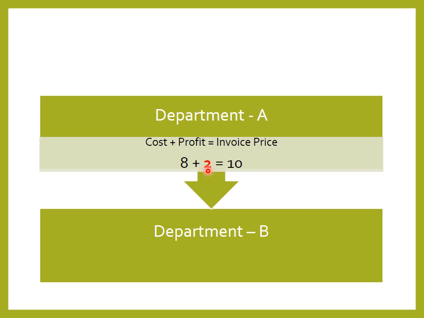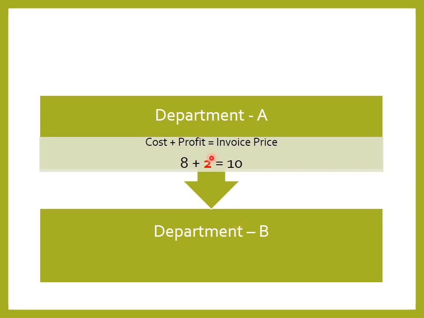Why? Because students, A and B are departments of the same organization. It is just like two brothers in a particular family. Family is one, but there are two brothers where one brother charges profit to another brother. So can we say that the business has earned profit? No. It is a profit charged between the same departments of the same organization.